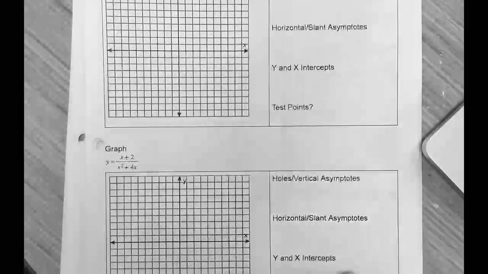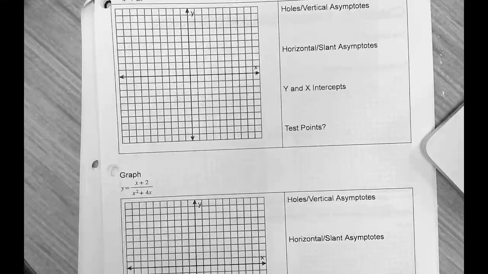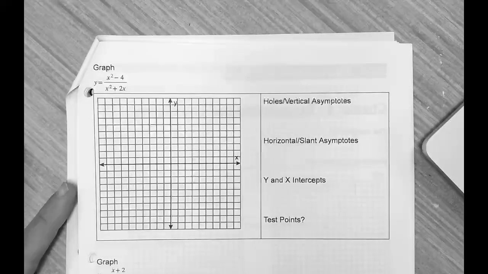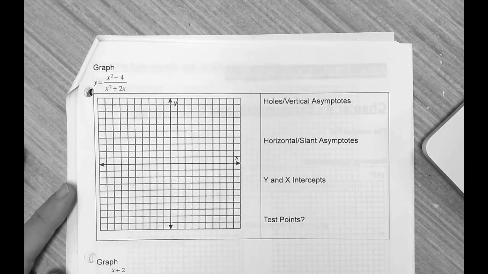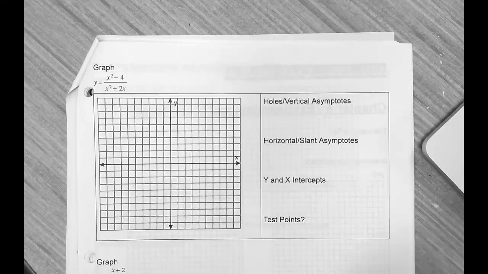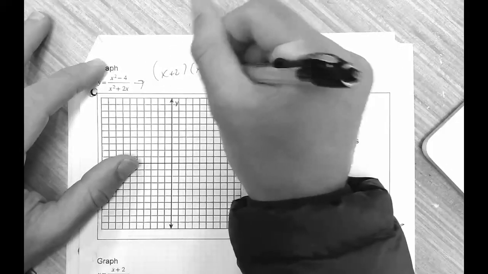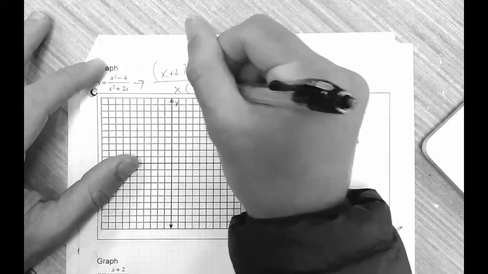So x squared minus 4 over x squared plus 2x. You want to factor top and bottom first. So this is x plus 2, x minus 2 over x, x plus 2.